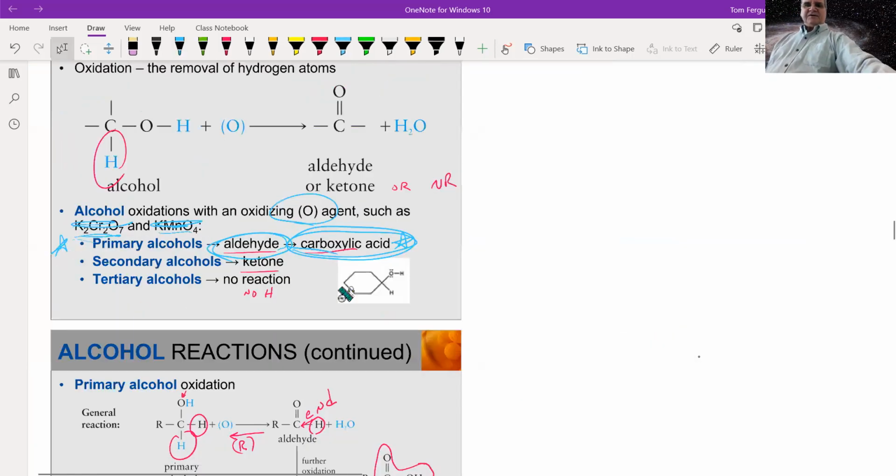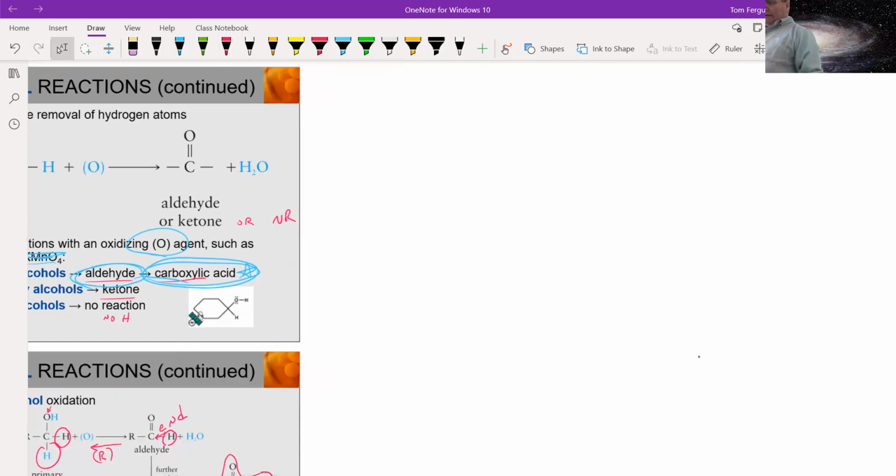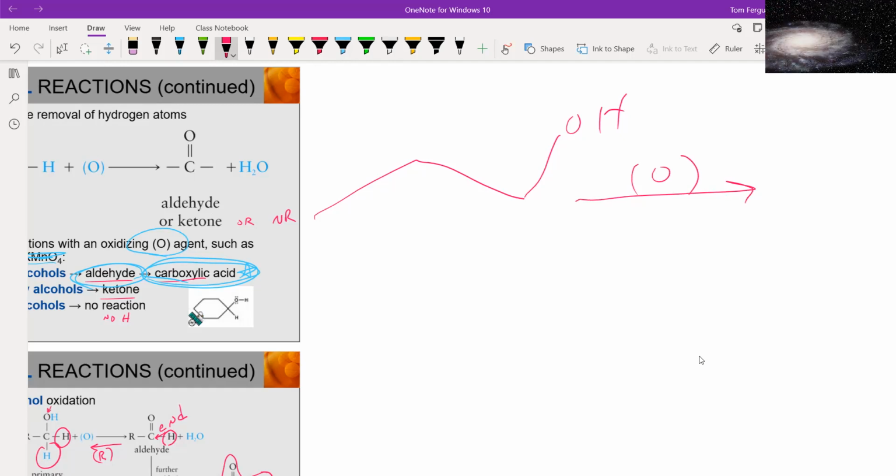So let's look at some examples here now. Is that a primary, secondary, or tertiary alcohol? Is it on the end? Yes or no? Yes, so it's primary. Is it in the middle?